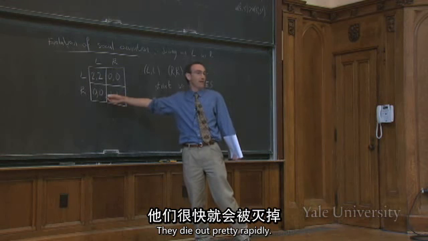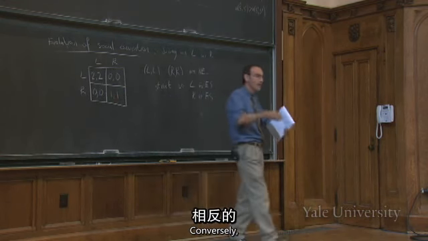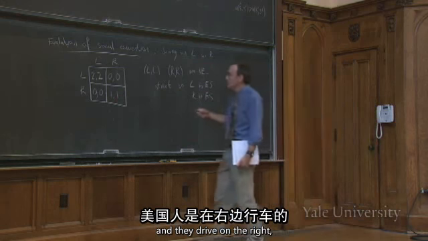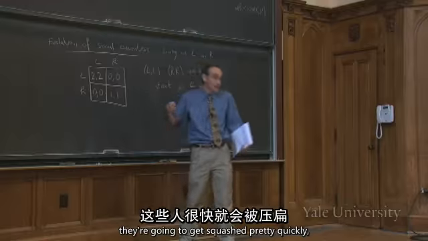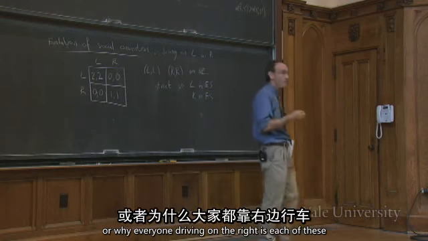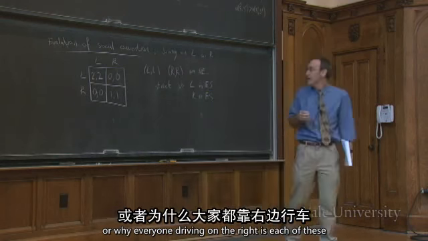They die out pretty rapidly, right? And conversely, if you drop an unobservant Brit into America and they drive on the right, they're going to get squashed pretty quickly, right? So it's clear why everyone driving on the left, or everyone driving on the right, are each perfectly good, evolutionarily stable social conventions.